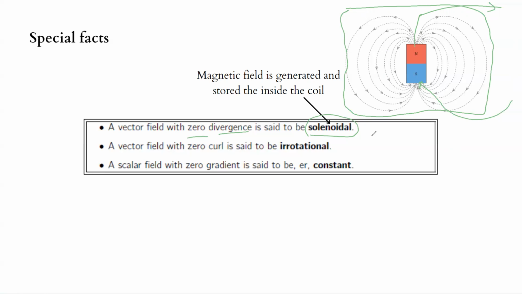That means the divergence of the field lines is zero. That means that the flux lines totally leaving that surface is zero. There's no such phenomenon of field lines going totally outward and not returning back. In that case, that flux is known to be solenoidal.